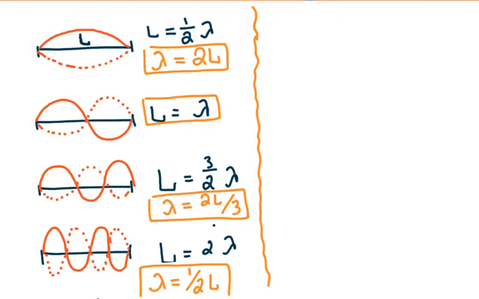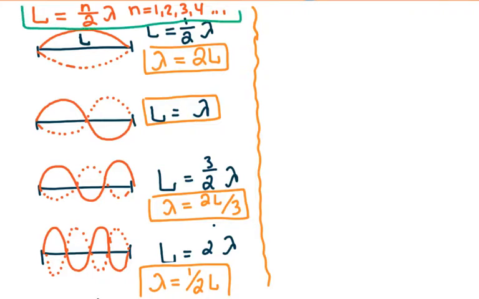But all of them had the same generic formula: L is equal to n over 2 lambda, where n was equal to 1, 2, 3, 4, and so on. So this is the same for every single wave that has both sides fixed.